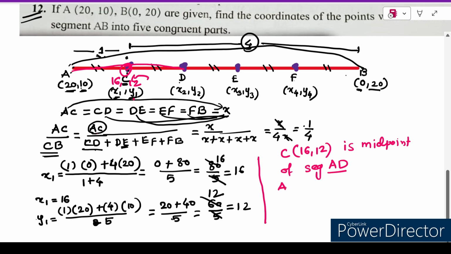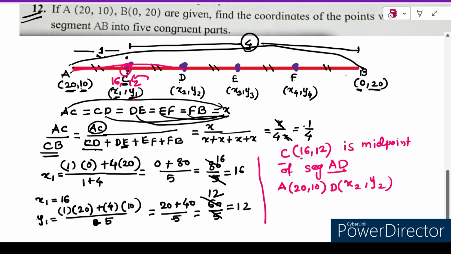C, which has coordinates 16 comma 12, is the midpoint of segment AD. A has coordinates 20 comma 10, and D has coordinates x2 comma y2, which we have to find. Now we can easily find x2 and y2 by the midpoint formula.